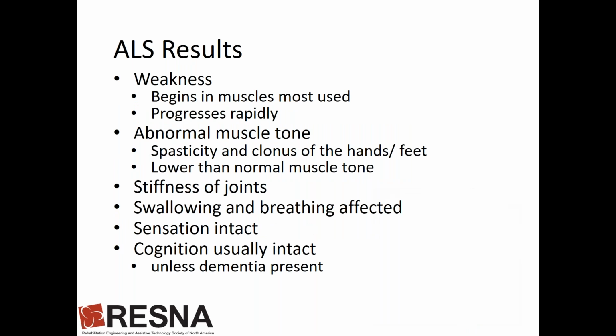So overall, you're going to see a lot of weakness with muscles most used. Like with the legs, you're going to see the weakness in the quads or the hamstrings. With the upper extremity, you're going to see the hand weakness. You can see abnormal muscle tone, they're calling it spasticity and clonus, but you see a lot of muscle fasciculations.